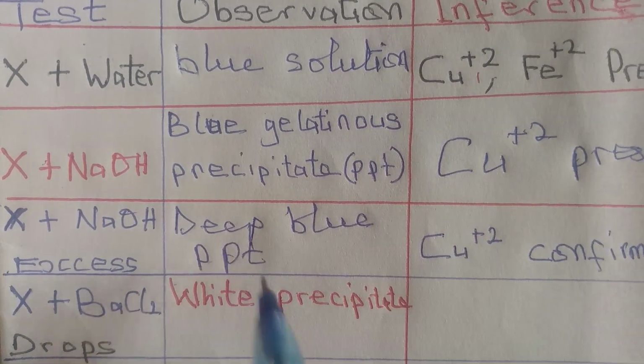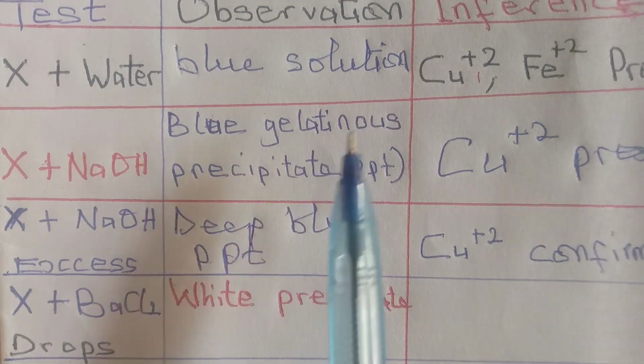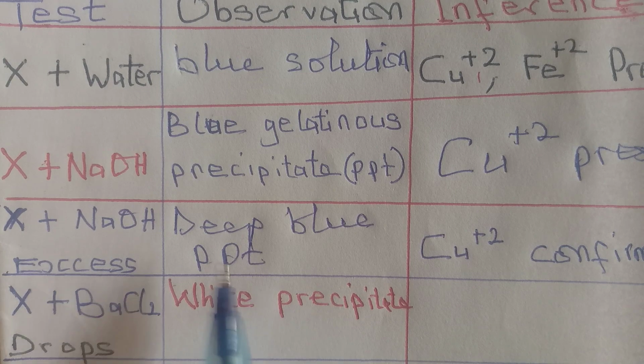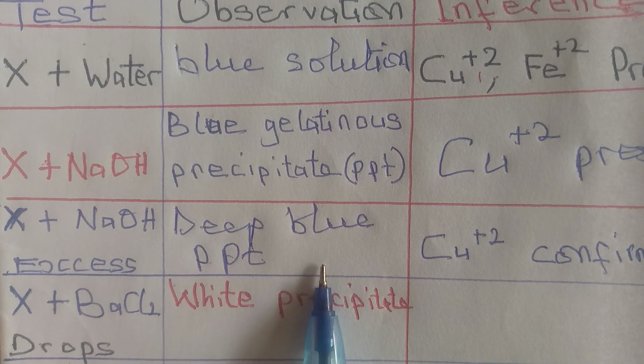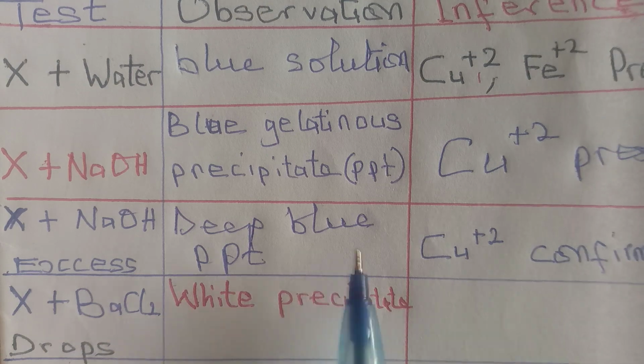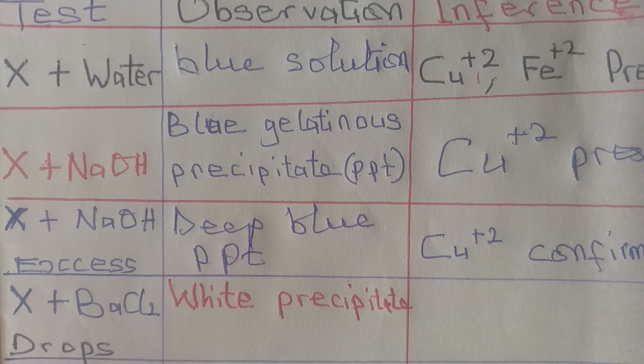I'm using PPT to represent a precipitate. The precipitate is also gelatinous, so you can include that deep blue gelatinous precipitate. This is the only condition under which you confirm copper 2 ion.